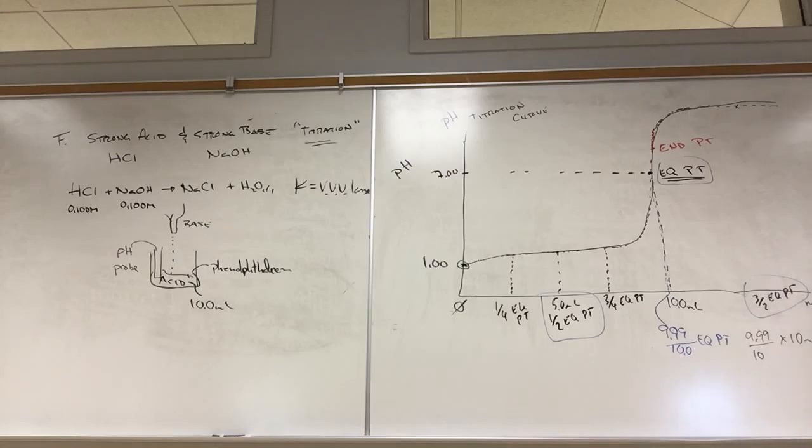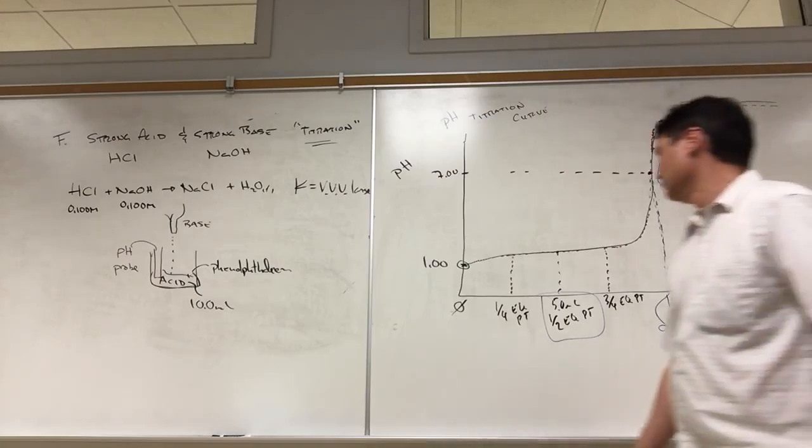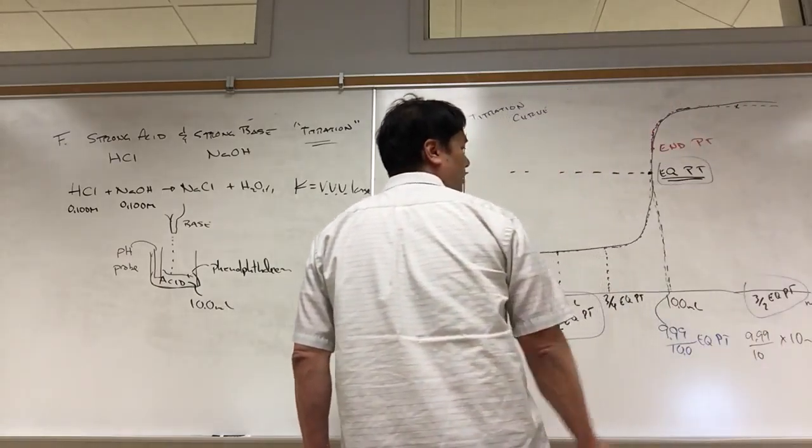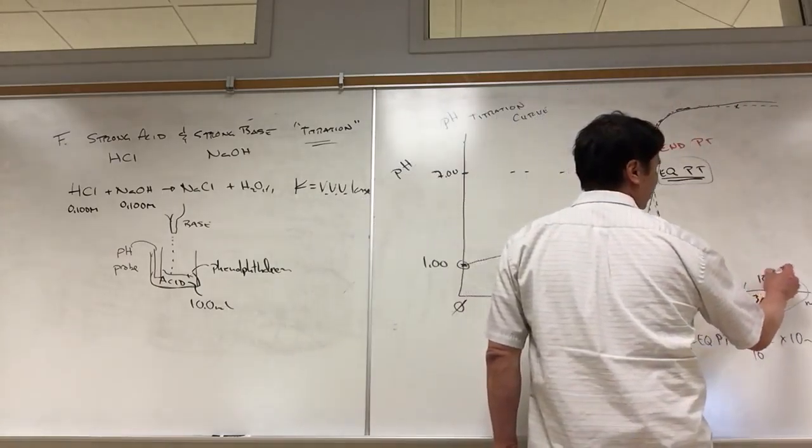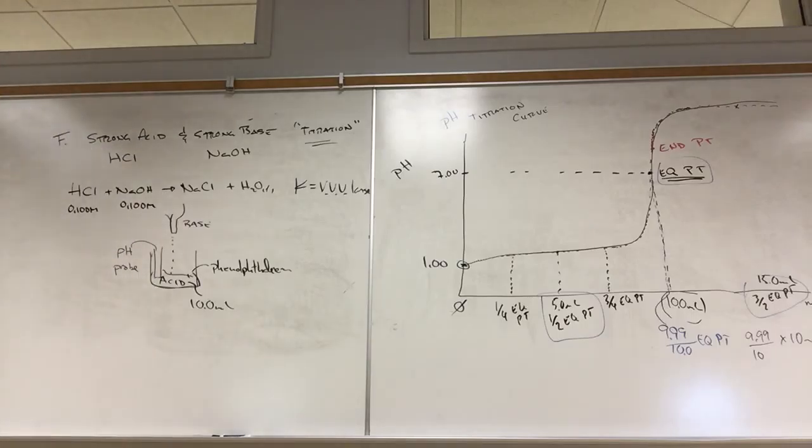And so this is going to be 9.99 milliliters here. At the 3/2 equivalence point, this will be at 15.0 milliliters. At the equivalence point, it will be at 10 milliliters. Okay, so let's do some calculations here.